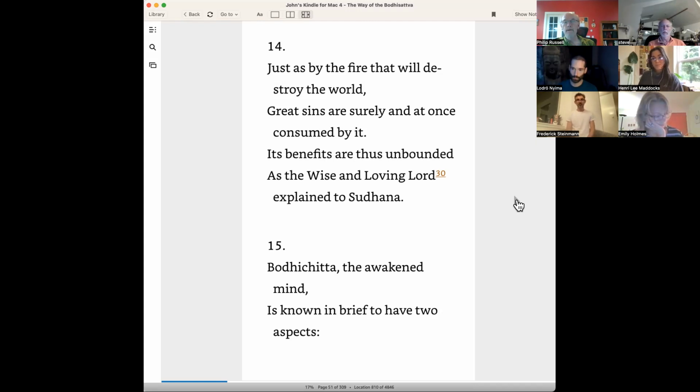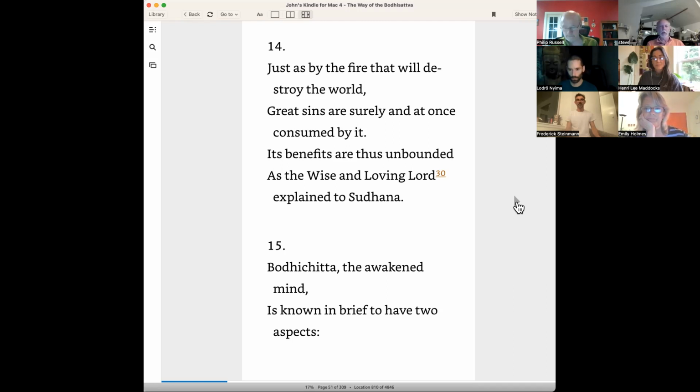And one is it causes one to attain Buddhahood. That's probably the main benefit. Two, it increases virtue because you act selflessly and virtuously. And three, it purifies evil, which is the selfishness of egohood. Okay.